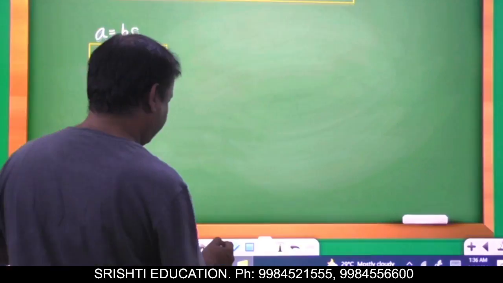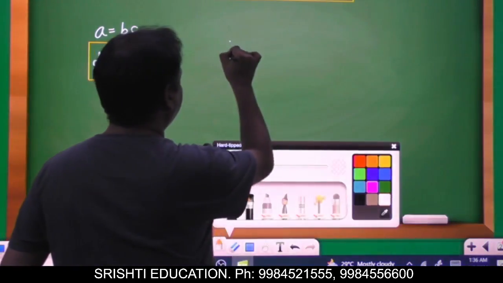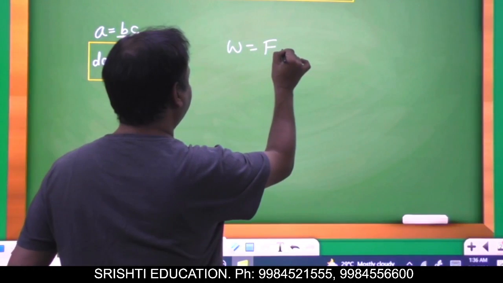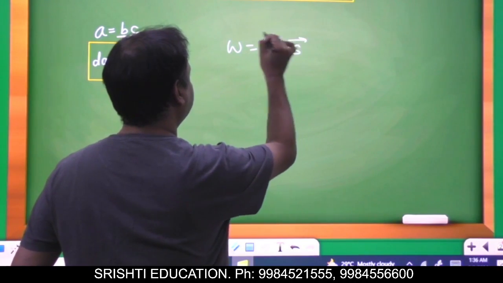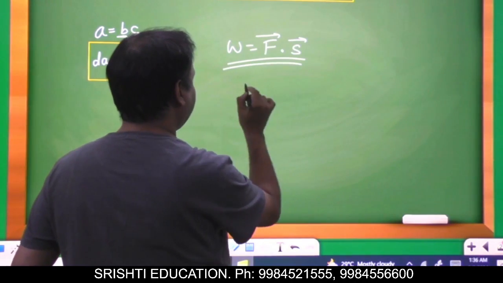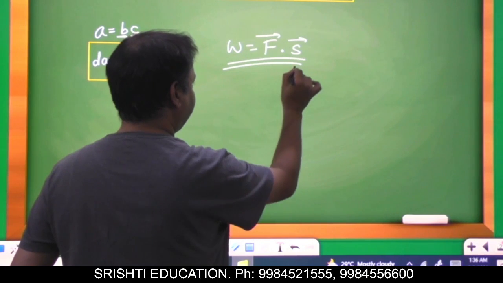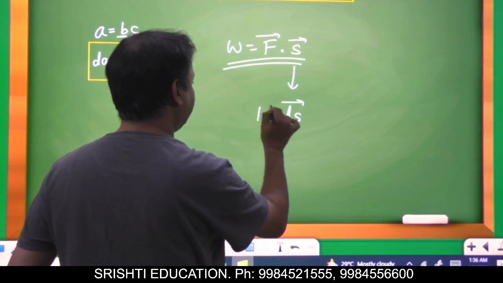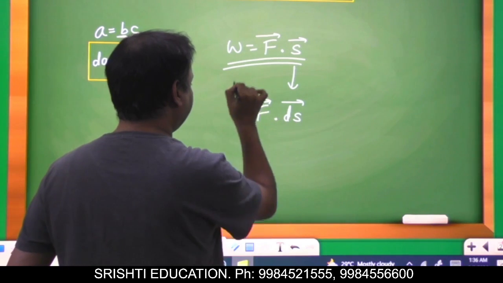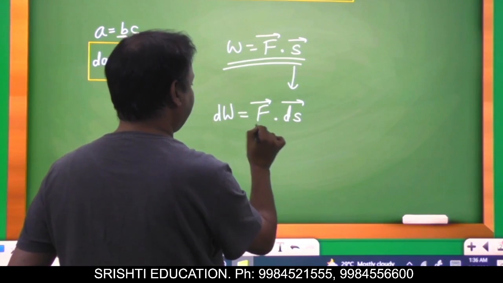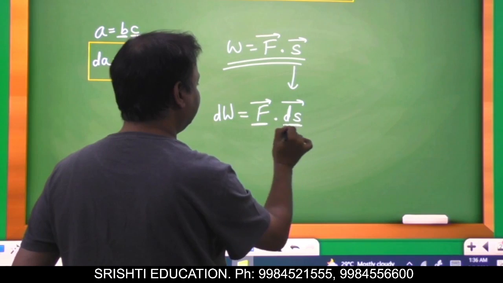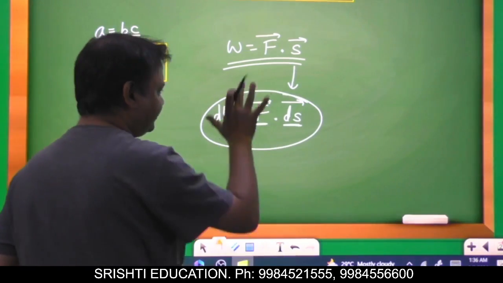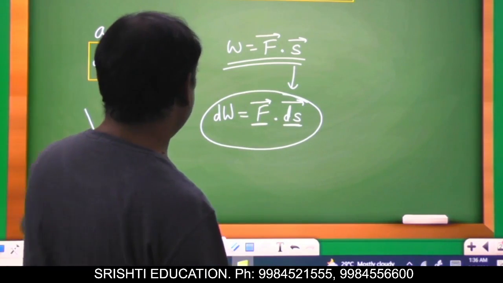When you write work, so work done by a constant force is force dot displacement. This is the formula. Now if in place of s you take infinitesimal displacement ds, so work will be F dot ds. Now this will be written like dw, because a finite quantity is being multiplied with infinitesimal quantity. That's all the notations of calculus. Got it?